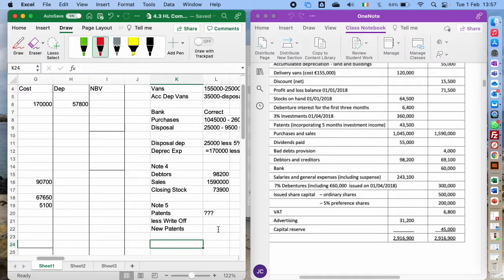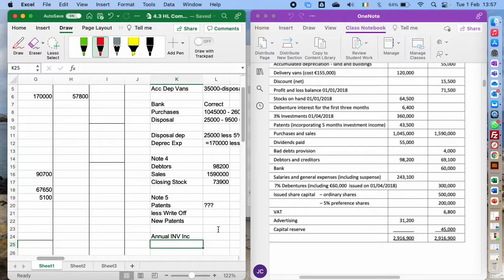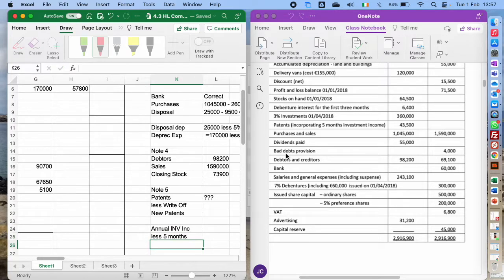So what I'll do is I'll look at an annual, so work out what my annual figure is. Take away the amount that I had for, it says 5 months. And that's going to give me investment income due, which is going to be a current asset.